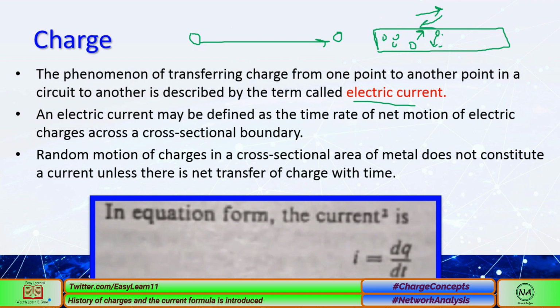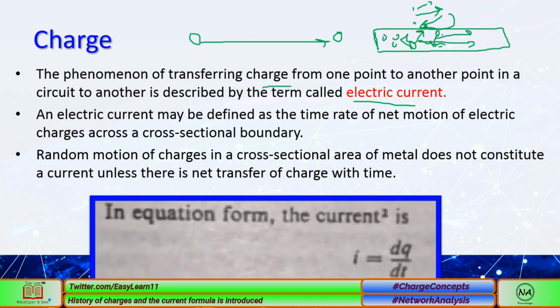So if one electron goes toward this side, the vacancy is filled from here toward this side. So randomly, the net overall effect in this metallic piece is zero. If all the electrons are moving, and only a very small minority of charges are moving against this, then the net effect is that there is a net overall flow of the charges. So we can say there is an electric current.